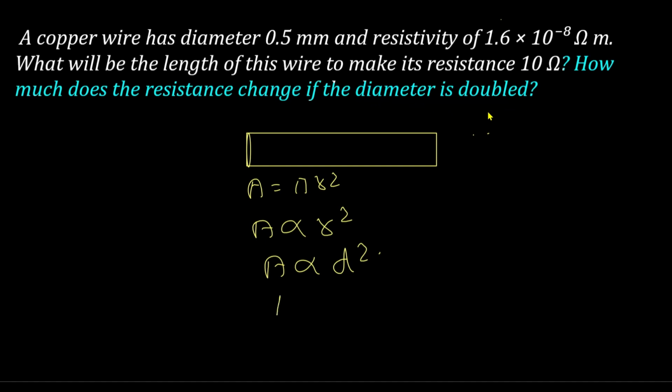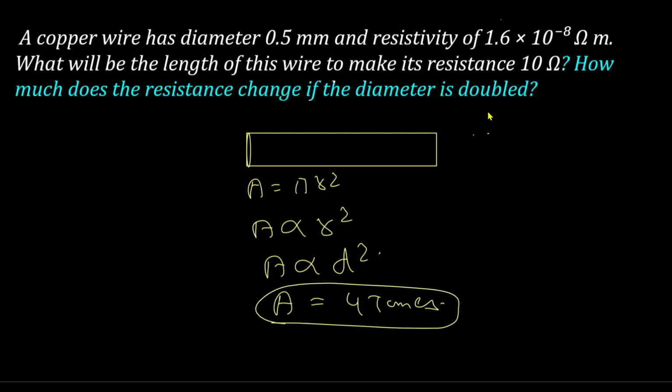So I can see that from here, right? Doubling the diameter will make area what? 4 times, as there is a square relation. Area will become 4 times. And they are asking for the change in resistance, right? So we know that resistance is inversely proportional to the area. So let's correlate these two.